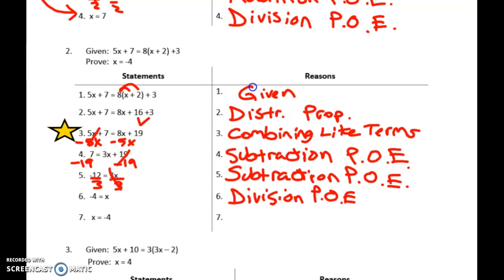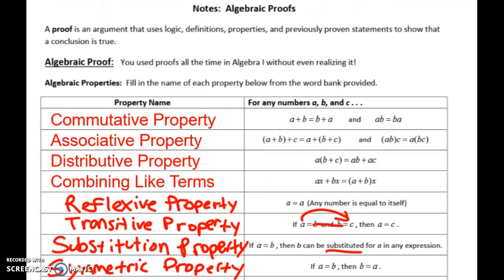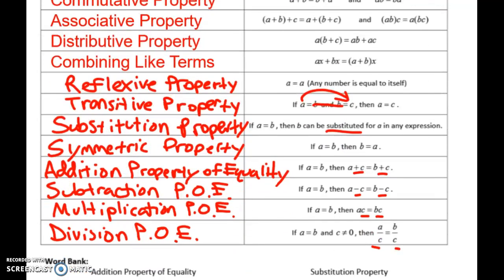Now, look at step 6 and step 7. What changed? Okay, the order flips, it switches the order. So let's remember from page 1, what was that property that flips the entire thing all the way over? Right here you see A equals B means B equals A. Flipping it around means it's symmetric.